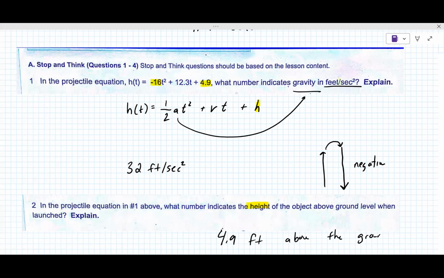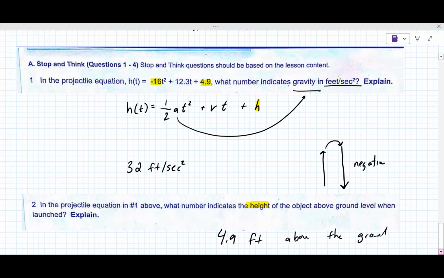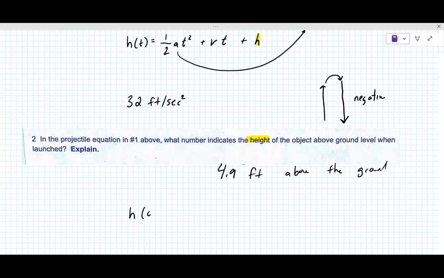Your explanation for that, because this function up here, h of t, is a function of time, when you put 0 in for t, it's minus 16 times 0 squared, plus 12.3 times 0 plus 4.9. So when it's launched, the time is 0. That causes these terms to go away. 0 squared is 0, minus 16 times 0 is 0. 0 times 12.3 is 0, 0 plus 0 is 0. You're just left with 4.9 feet.